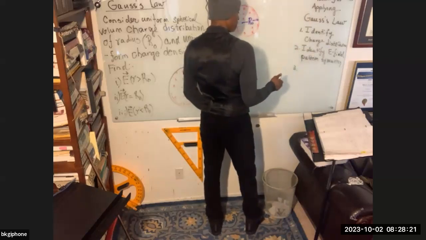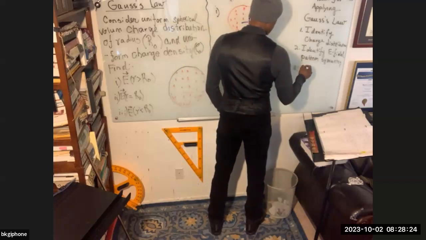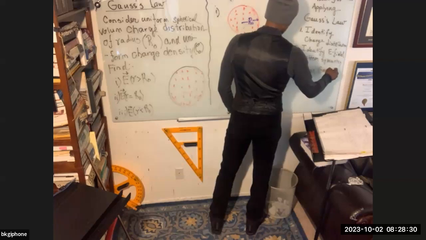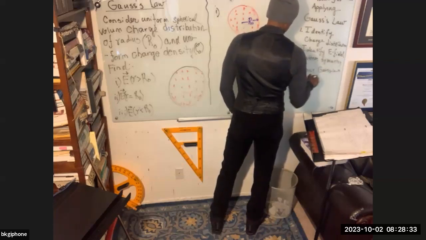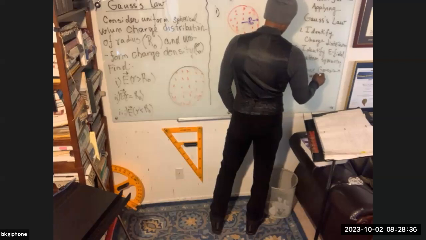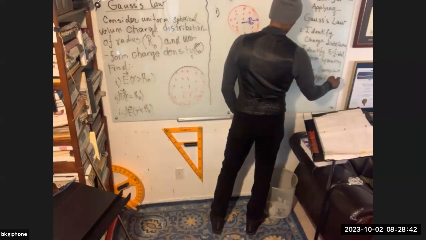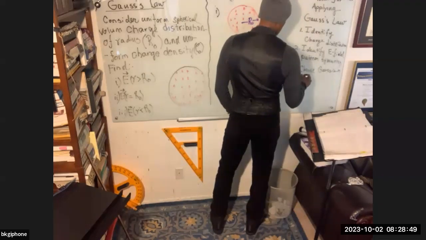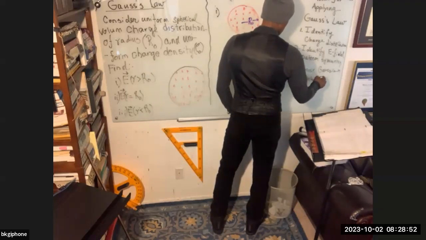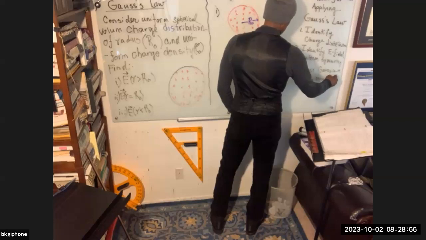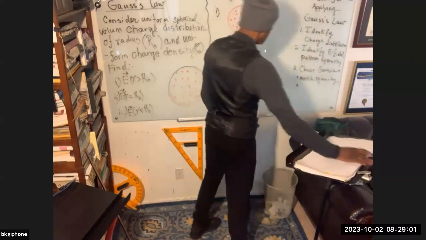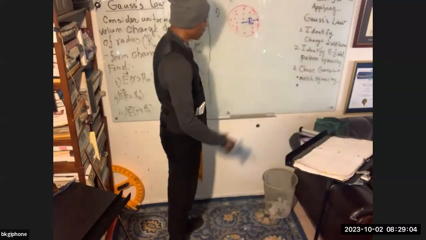Then choose your Gaussian surface, and that Gaussian has to match the symmetry of the charge distribution, and it needs to go through the point where you want to find the field.